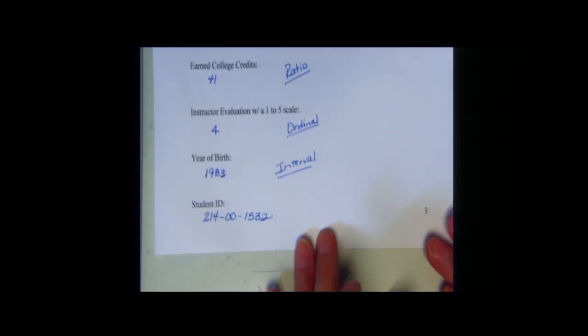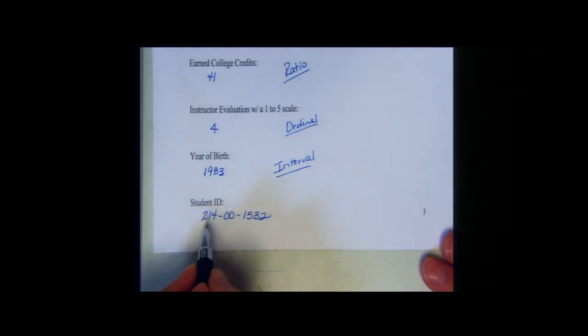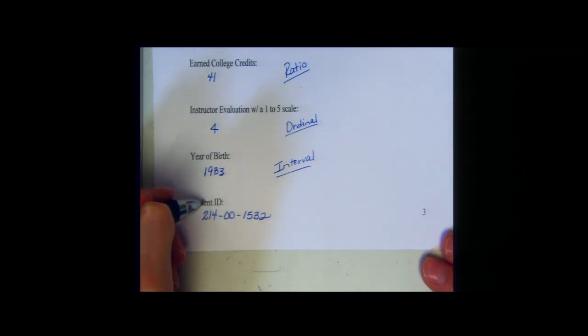And then one that you need to be careful of is an example such as a student ID. It is a number. You can place it in order, but does that order have significance? Meaning, if I place a person with ID 214001531 in order, that would be right above this one. Does that mean that student is a better student?